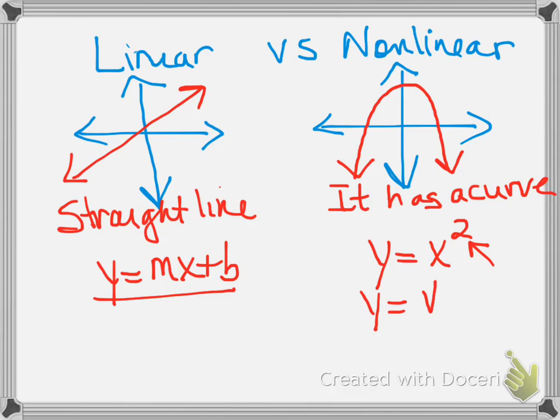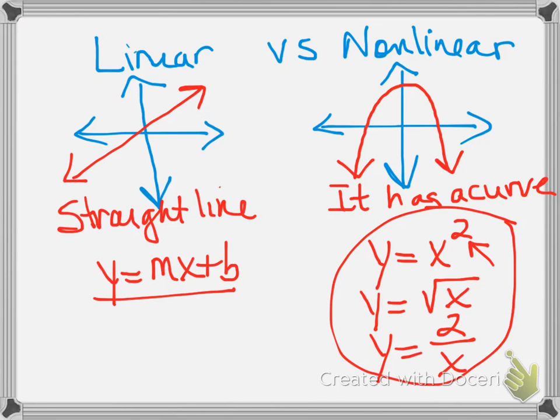If the equation has the variable in a square root sign, that is nonlinear. And if it had a variable in the denominator of a fraction, all of these are considered nonlinear. You could not put it in the form y equals mx plus b.